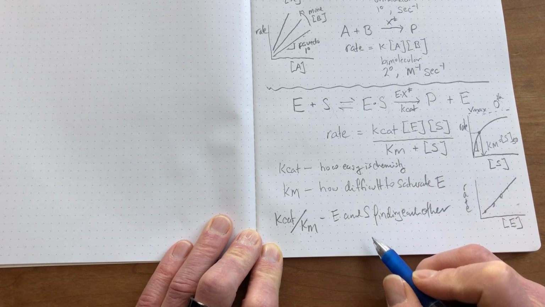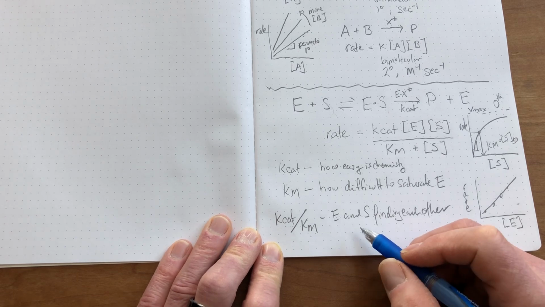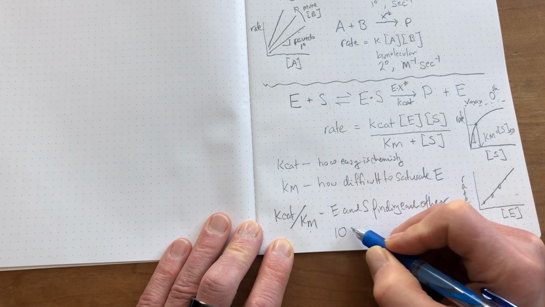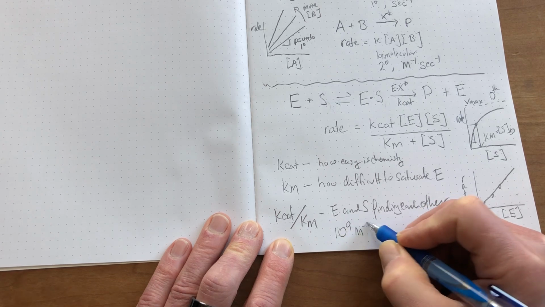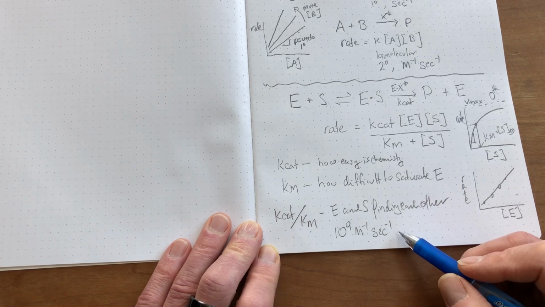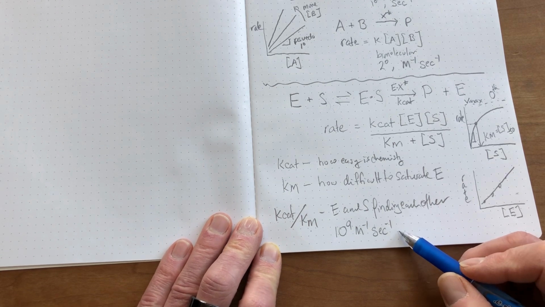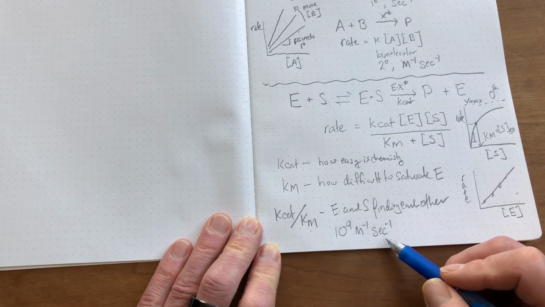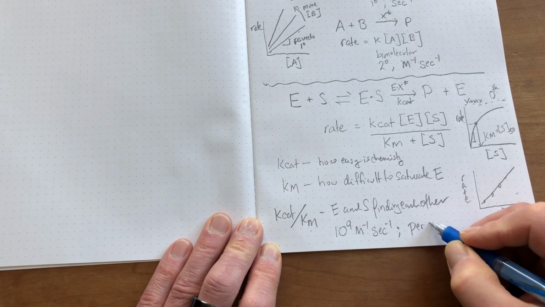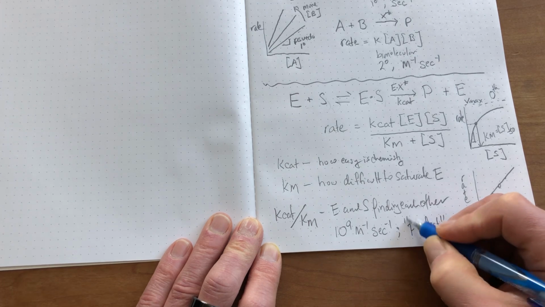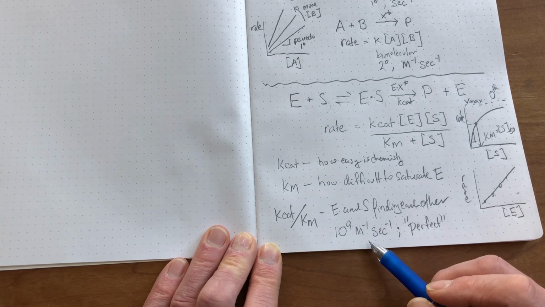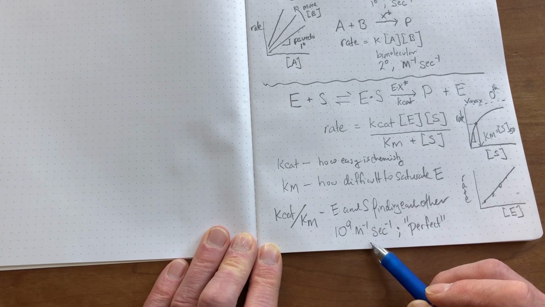In solution, in a search that's random in 3 dimensions, this has a limit of about 10 to the 9 per molar per second. We don't expect anything to go faster than that, but some enzymes do figure out a way to be faster, and those enzymes that reach this upper speed limit or exceed it, we refer to as perfect enzymes.